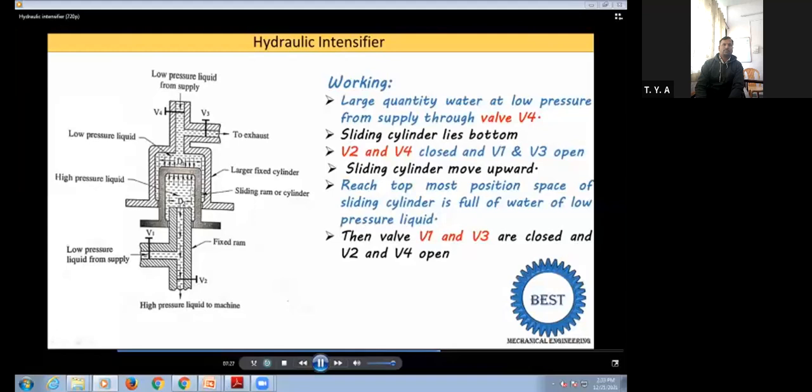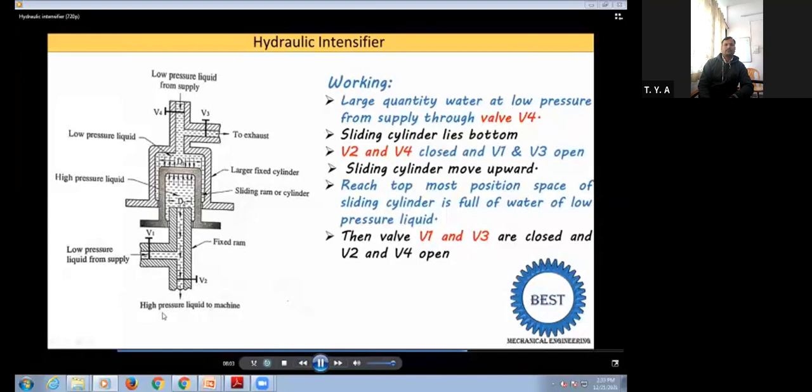When the sliding ram moves downwards, it increases the pressure, and we achieve high pressure liquid. This high pressure liquid is then supplied to the fixed ram, and with the help of valve V2, which is already open, it is supplied to the high pressure liquid machines, such as a lift, crane and so on.